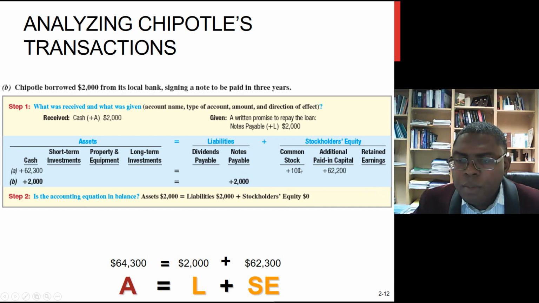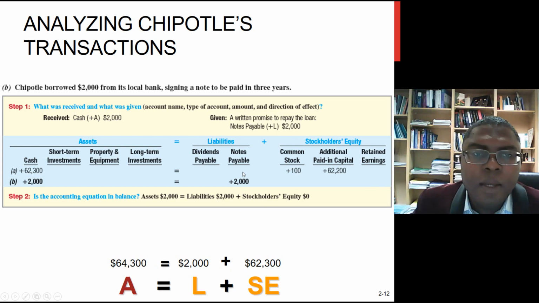So when we sum up the right-hand side of the accounting equation, we end up with 62,300 plus 2,000. It's actually equivalent to the left side of the balance sheet equation when we sum up the assets. So the balance sheet equation balances.